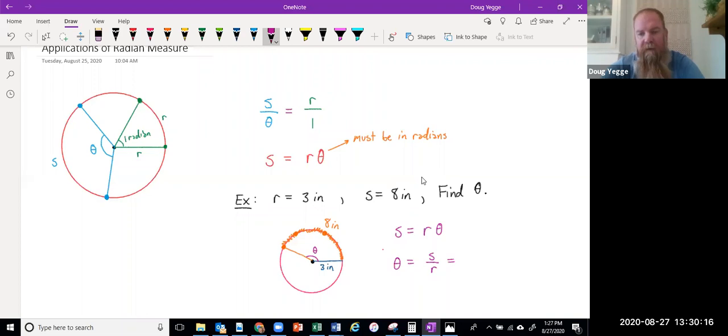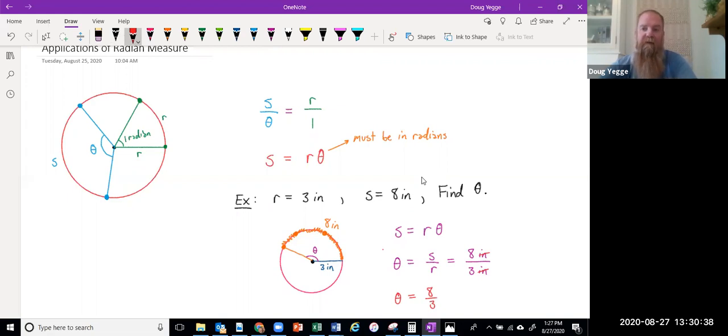And notice what happens when I divide the arc length, which is 8 inches, by the radius, which is 3 inches. Those inches cancel, and all I'm left with is 8/3 for my angle. There are no units for theta now.